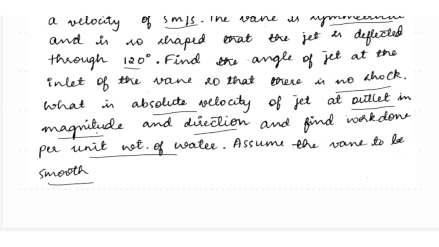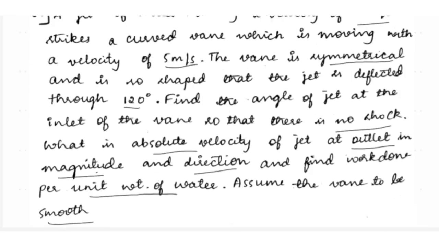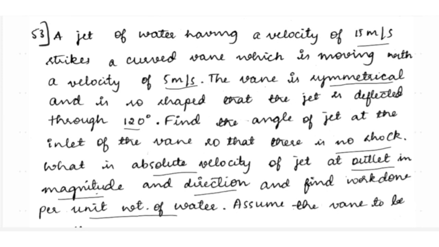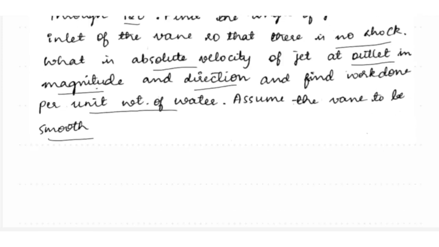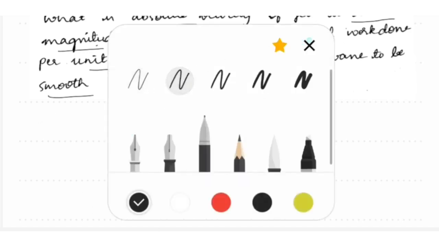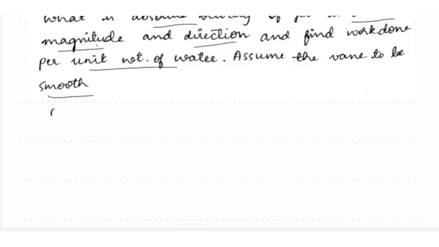So we'll write down the given data first. So velocity of water is 15 meter per second. So we'll write the given data.